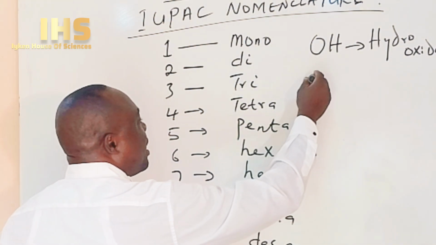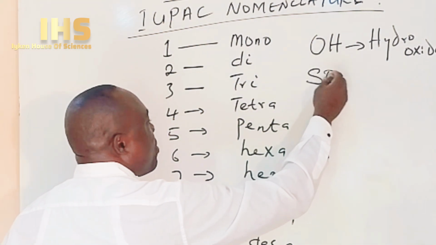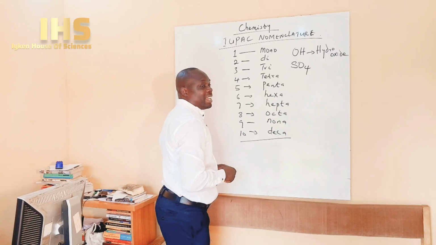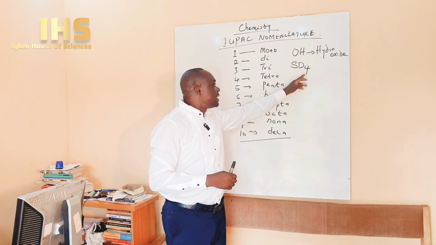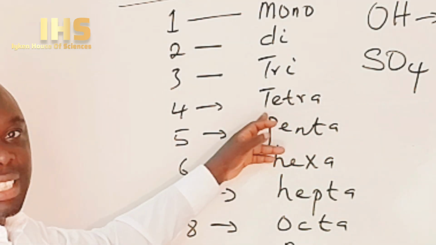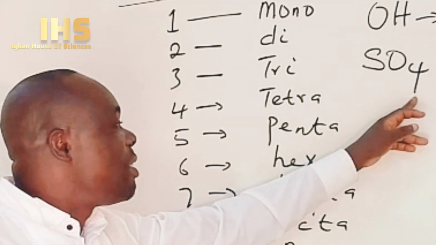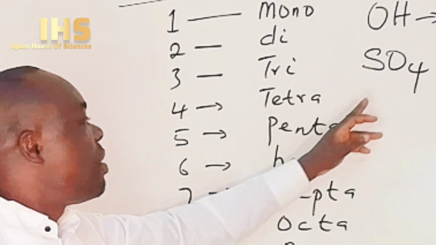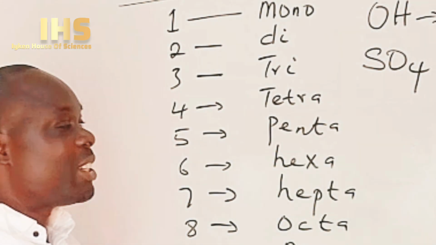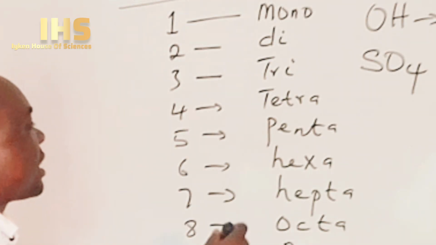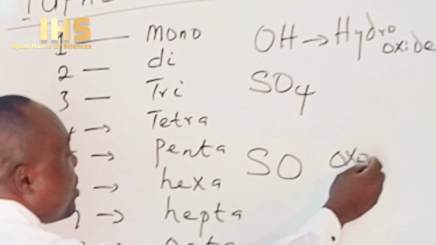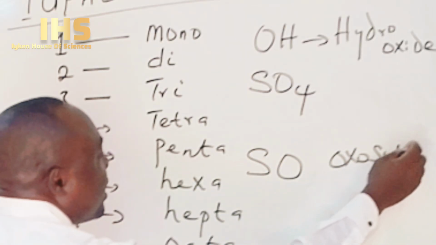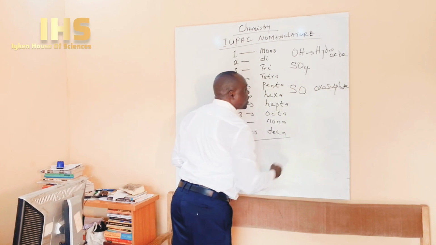When you see SO4 in chemistry, see how I'm going to name it. We start from the 4 and come back. SO means oxosulfate.